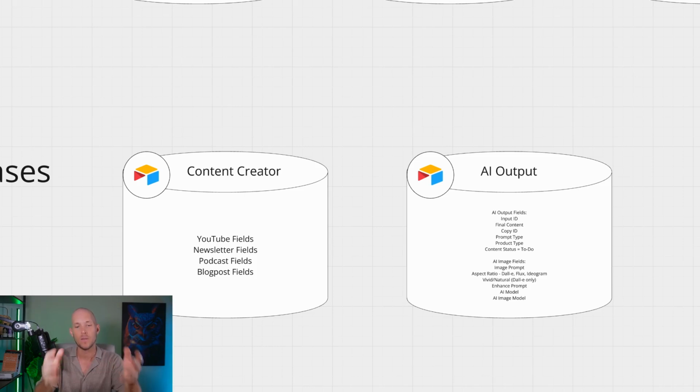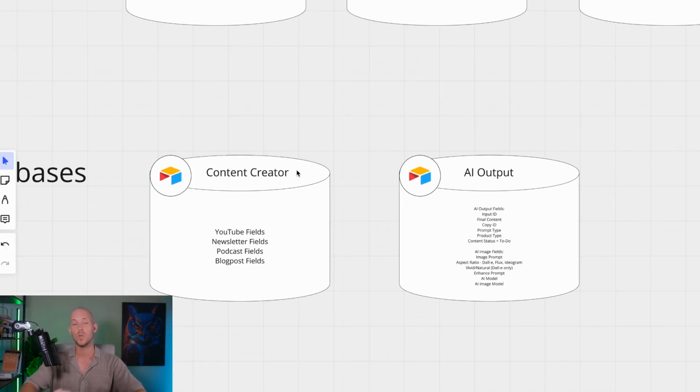So some parts of the content creator database are going to be the same and some parts are going to be different. There are actually two different building techniques that could happen from here. You could build an individual database for your YouTube fields, an individual database for newsletter, an individual table for your podcast, an individual one for your blog post.